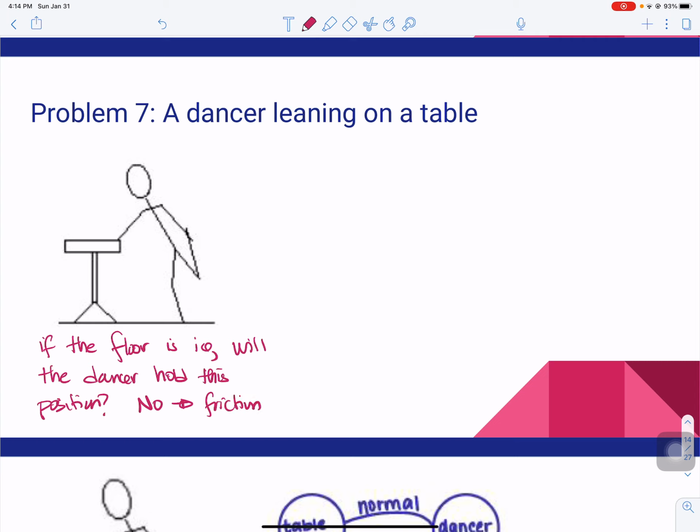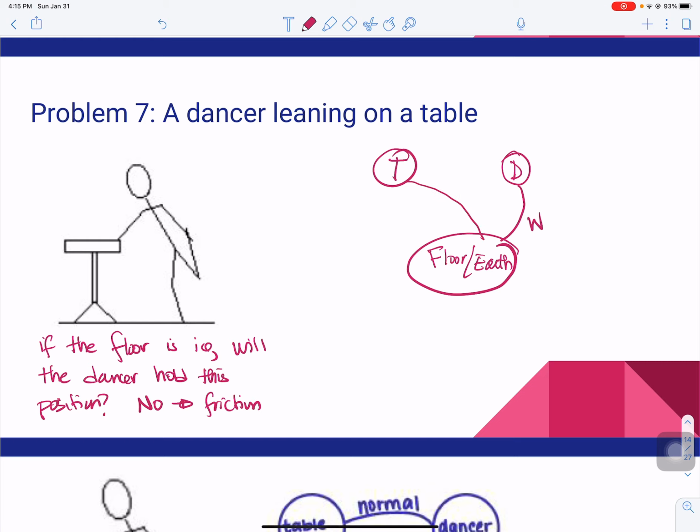Okay. All right, so let's build our schema. So we know that we have the table. We have the dancer. And I'm going to do floor, earth. So floor, earth. Okay. All right, we know that the dancer has weight or gravity, either one is okay. And we know that the table also has to have weight or gravity.